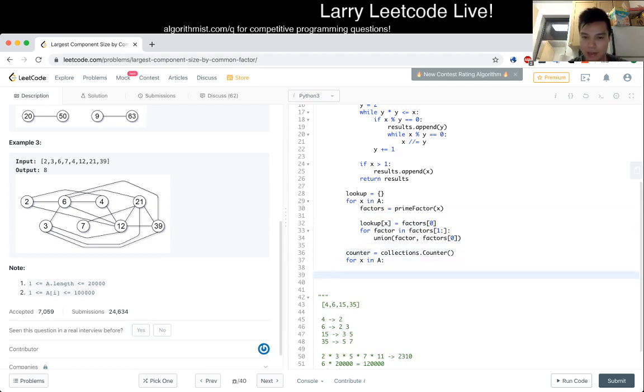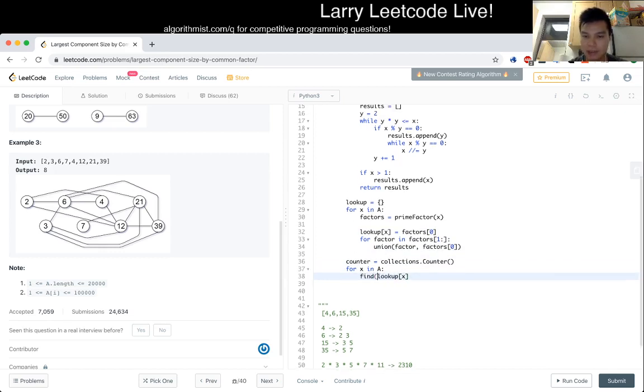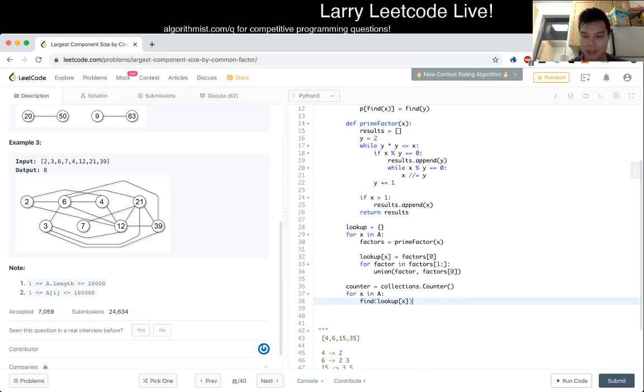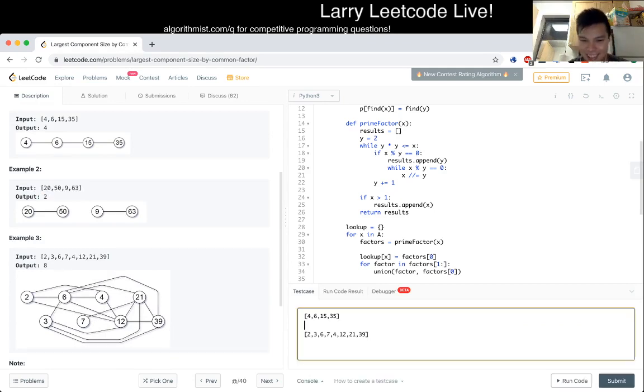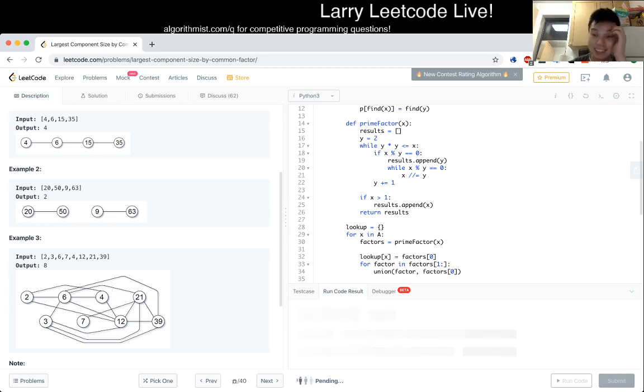And then now we only need to look up x, and then we do a union find on that to get the union find parent, and then we increment that. And then now we just have to find the max of the counted values. Maybe that's good enough. We'll see. But I think idea-wise, this should be okay. Implementation is always a little bit harder, but we'll see.